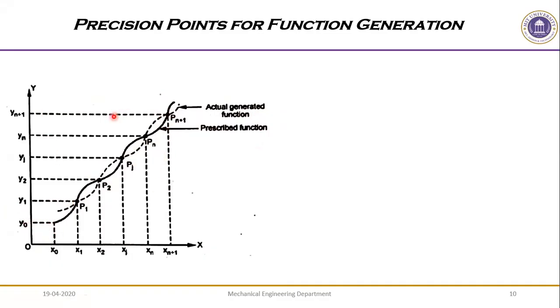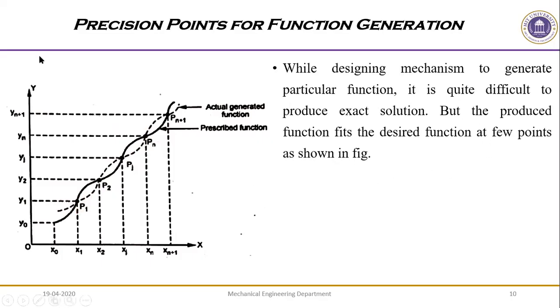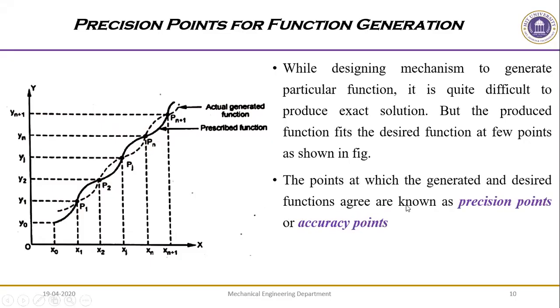It doesn't exactly match, but it matches at some points. See over here. At x1, y1 it matches, at x2, y2 it matches, at x3, y3 it matches, and at xn, yn it matches. The points at which the actual generated function and the prescribed function match are called precision points, or also called accuracy points.